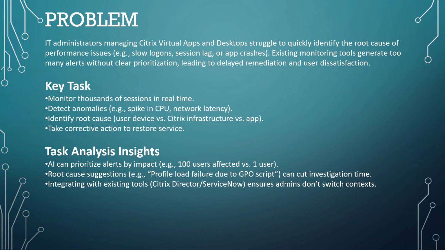So AI can give you root cause analysis and suggestions on why a certain application is consuming CPU, because you have a lot of users on the same server, or why users are taking longer than usual to start a session because the profile is too big.